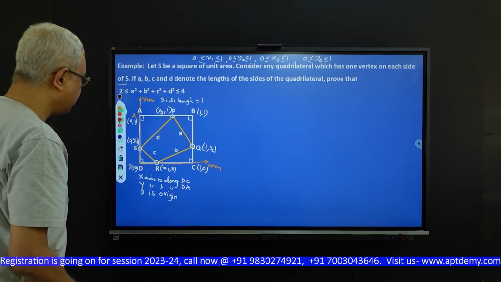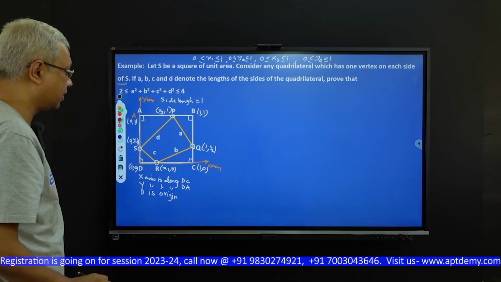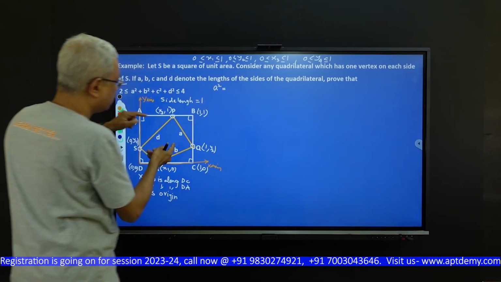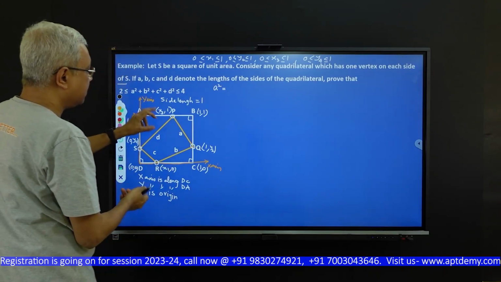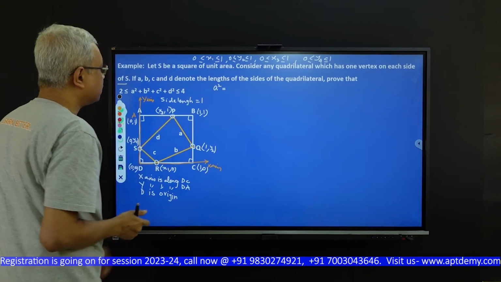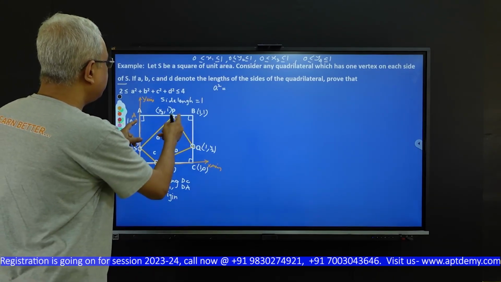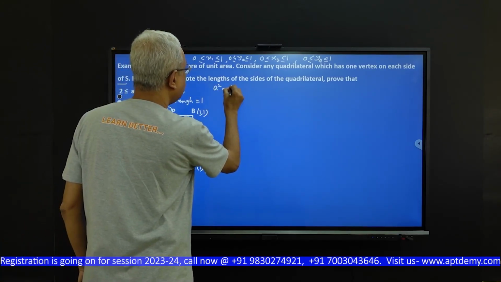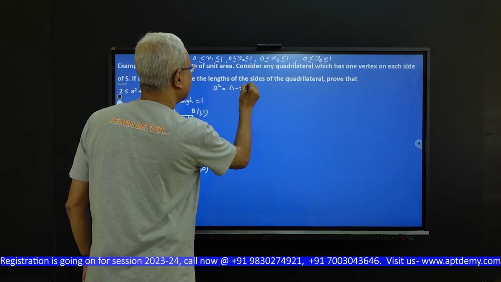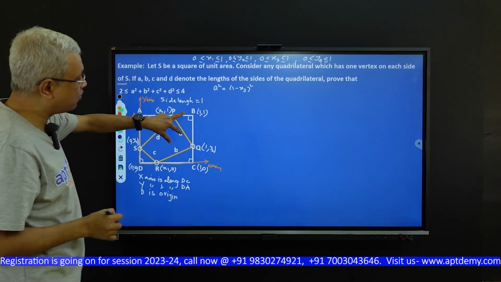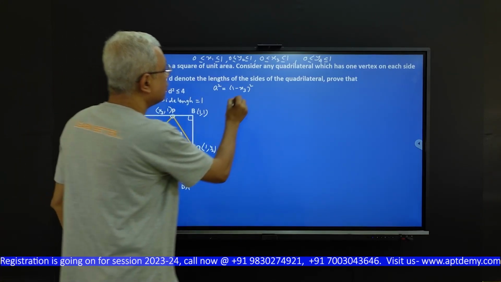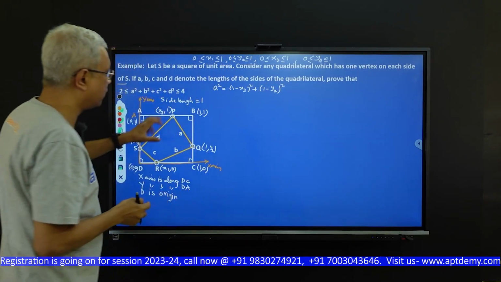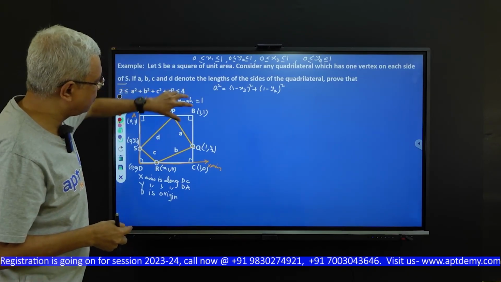So, from the coordinates drawn on this diagram, I can write a square. a square is PQ square, which is BQ square plus PB square. But PB is how much? PB is 1 minus x3. So it is (1 minus x3) whole square plus BQ square, where BQ is 1 minus y2, so (1 minus y2) whole square. It is straightforward because PQ square is PB square plus BQ square.